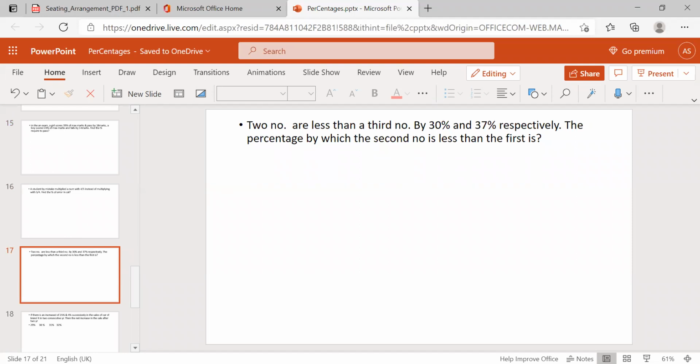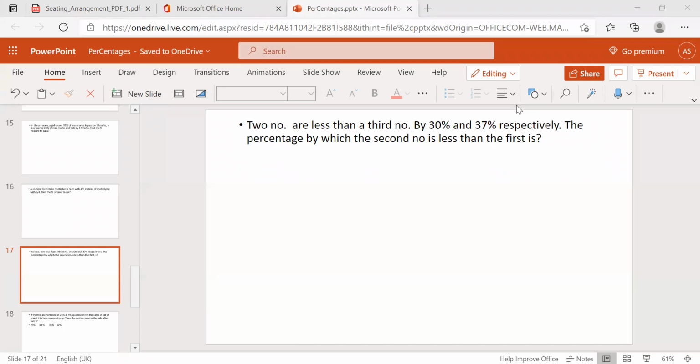Read the question. Two numbers are less than a third number by 30% and 37% respectively. The percentage by which the second number is less than the first number is what they're asking.